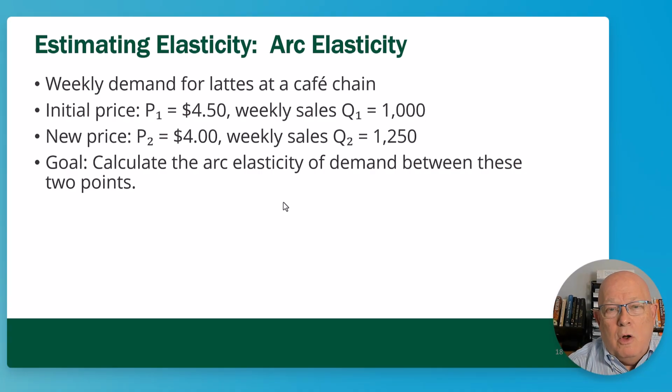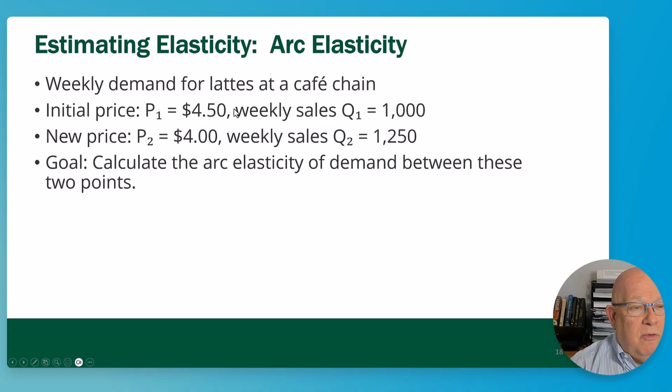It's called arc elasticity because you think of that curve as an arc, and we're just going to take 2 points. Based upon those 2 points, we're going to estimate the elasticity for this particular product. So remember, this again is own elasticity. It's the elasticity of the quantity demanded relative to the price for our own product.